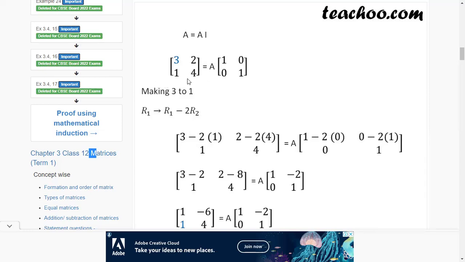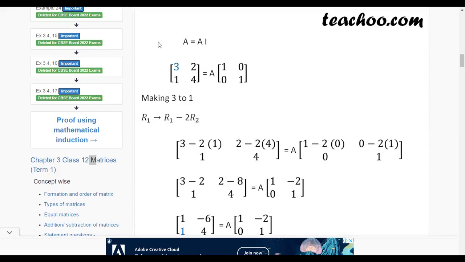If I multiply 2 to this row, what will be my R2? My R2 will be 2 and 8, correct?